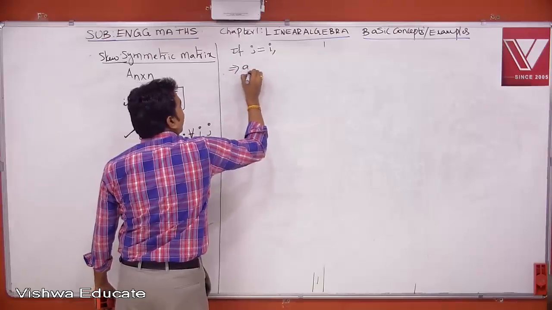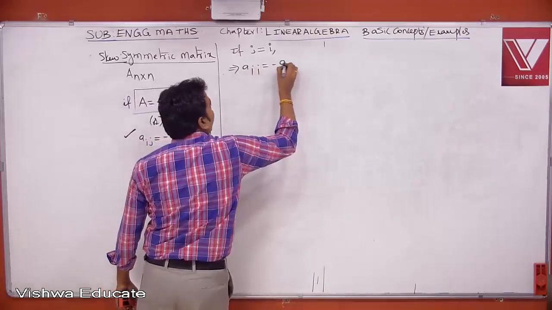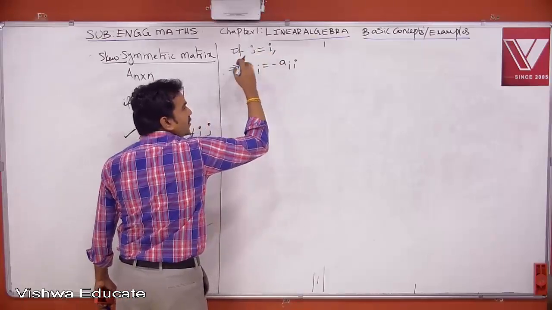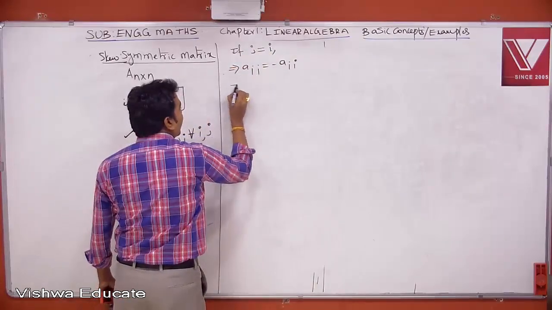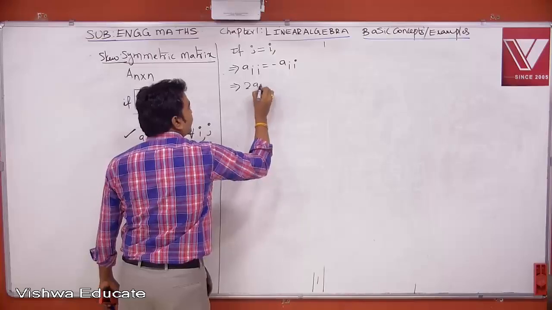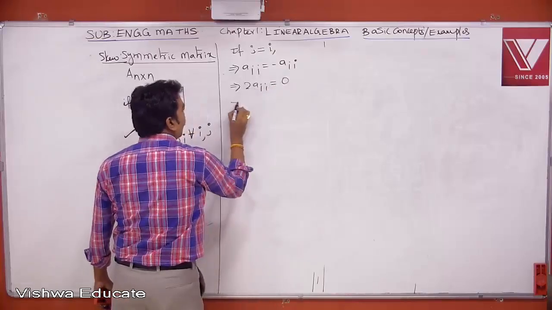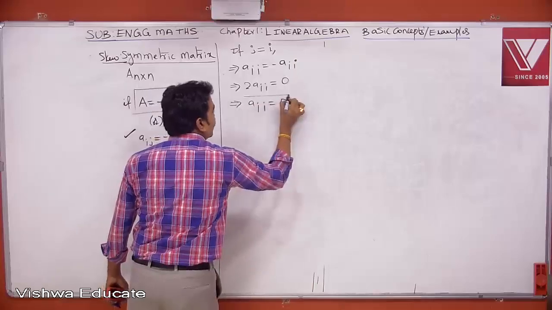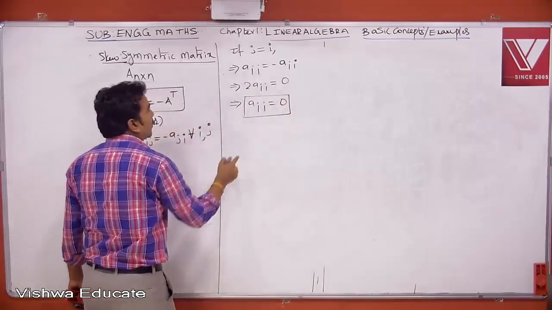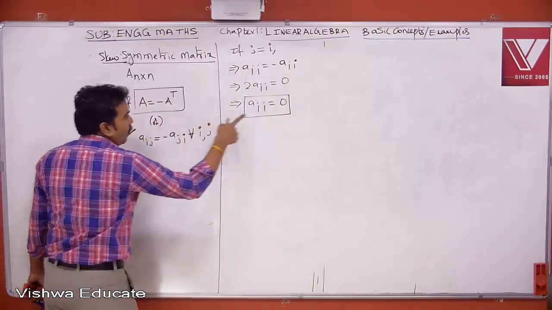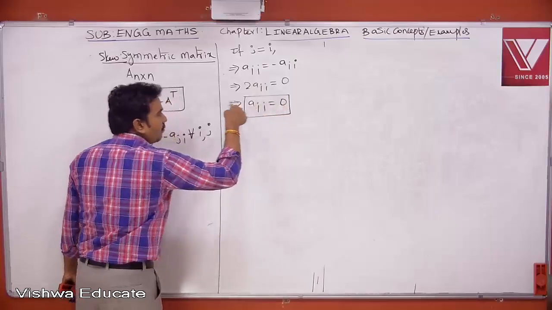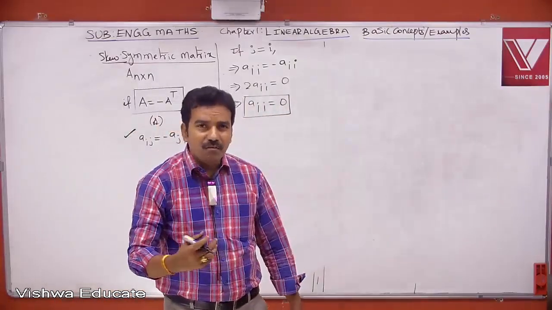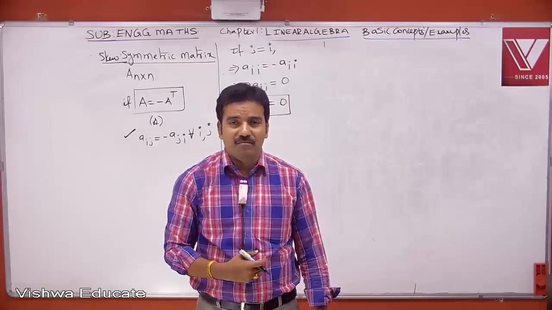Then this equation becomes Aii equal to minus Aii. So 2Aii equal to 0. This implies Aii equal to 0. Therefore, the conclusion is, if something is a skew symmetric matrix, all elements along the diagonal must be equal to 0. This is one of the points which we can get directly from the definition.